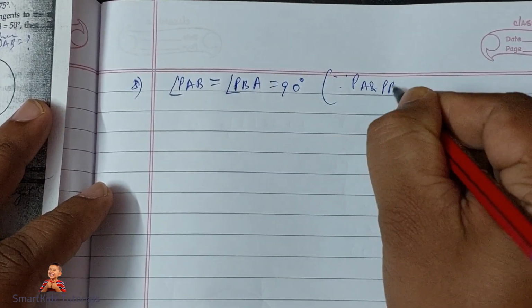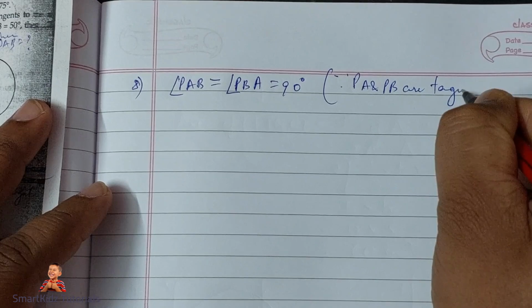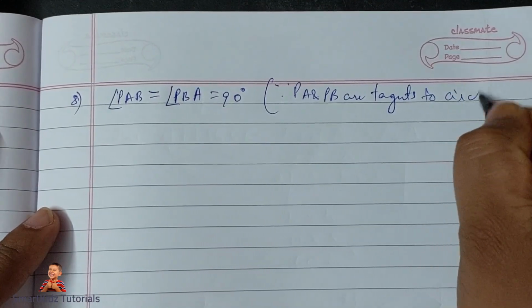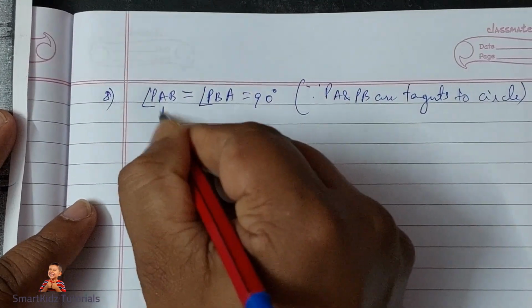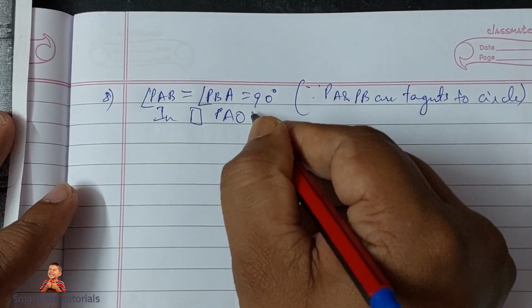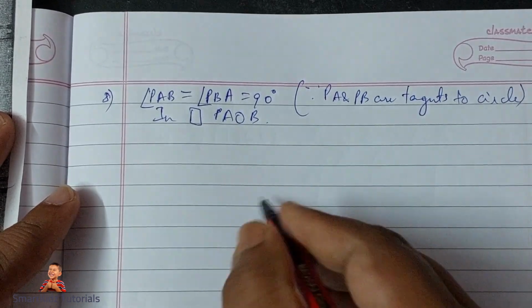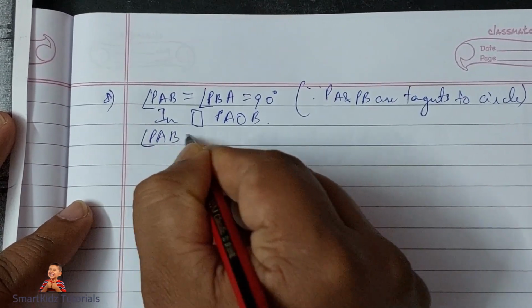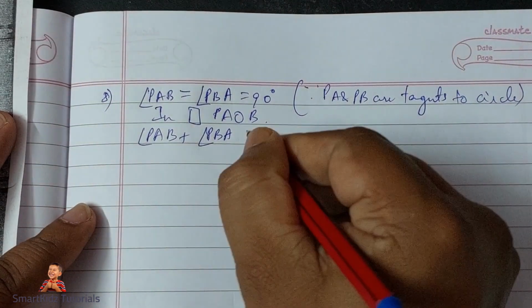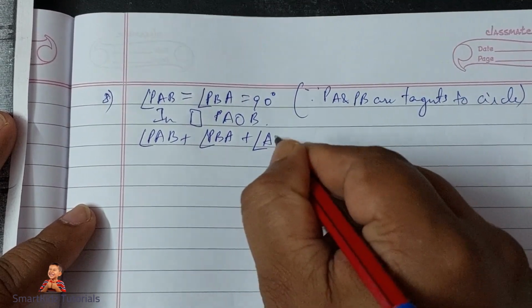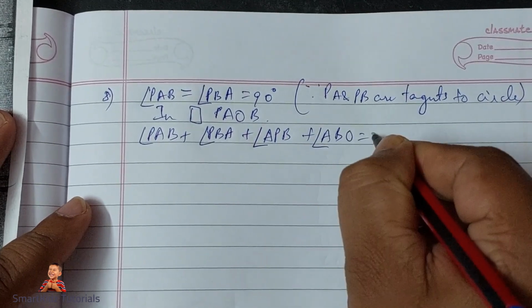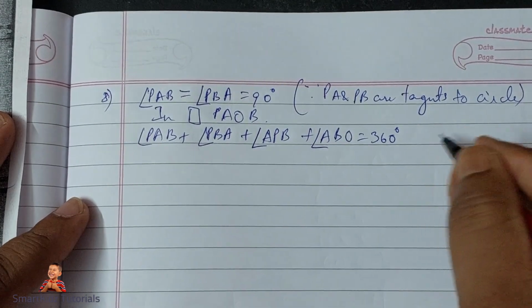Since PA and PB are tangents to the circle, in quadrilateral PAOB, angle PAB plus angle PBA plus angle APB plus angle ABO equal to 360 degrees.